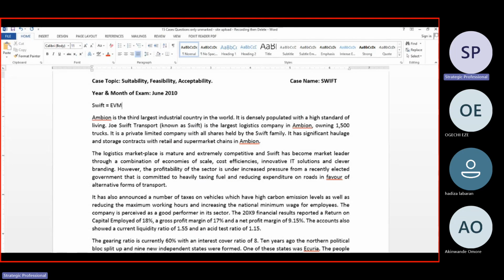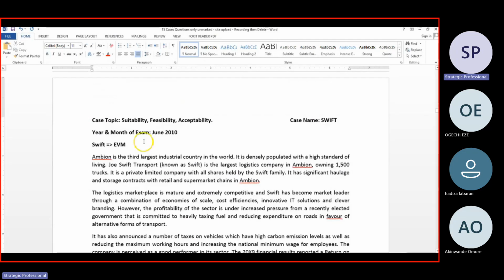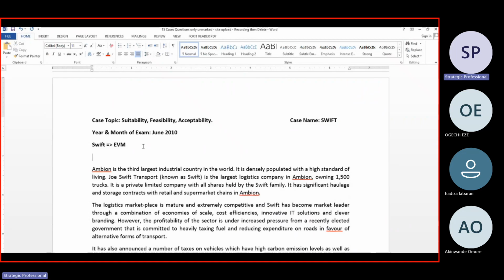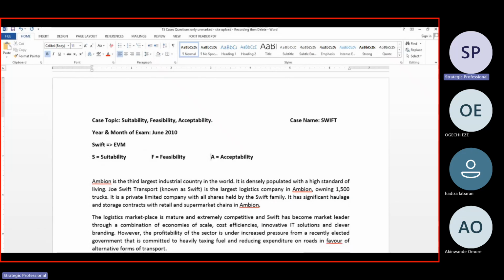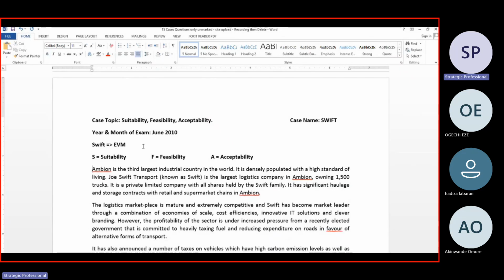So your job is to find out whether Swift is in a position to acquire this company, whether they have the resources to do it, whether EVM would be a suitable target, whether it is feasible with the capabilities of this company, whether the shareholders will accept this kind of acquisition. So you have to know an idea about both the Swift company and the EVM company. We have to analyze this case in terms of the three things: suitability, feasibility, and acceptability. So we will mark it as S, F, and A.